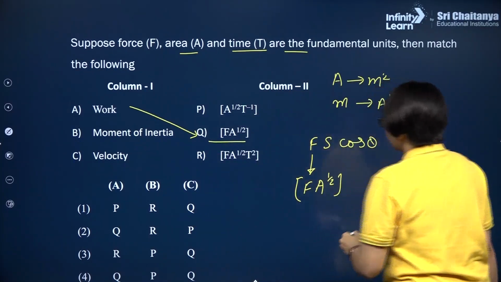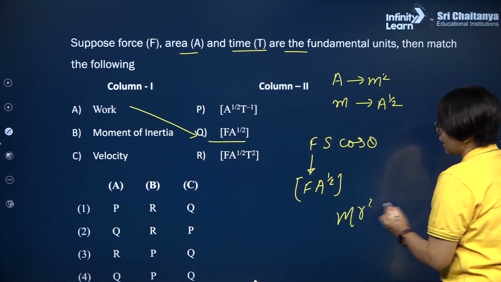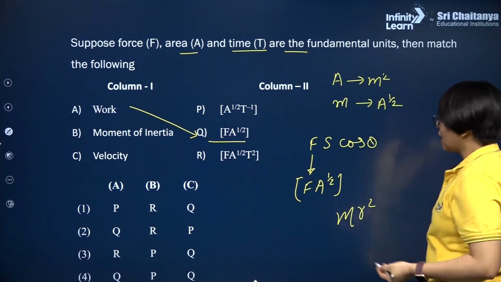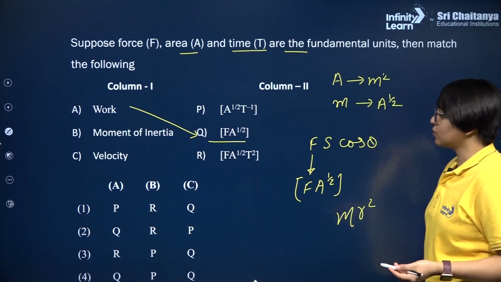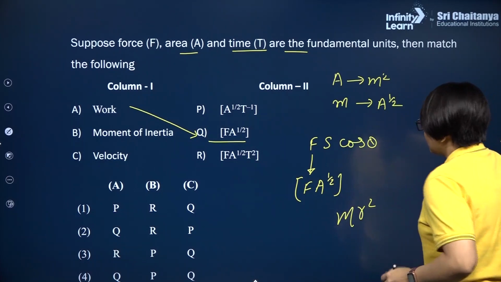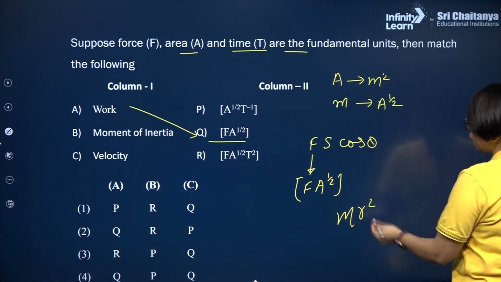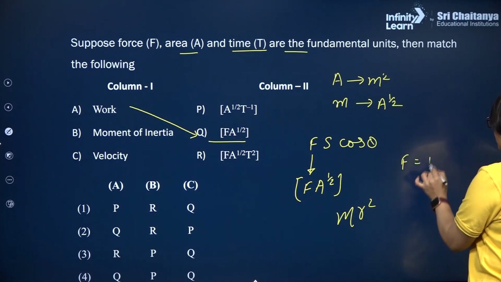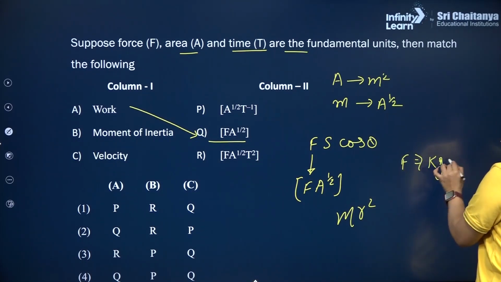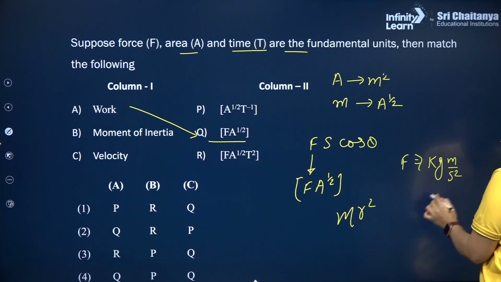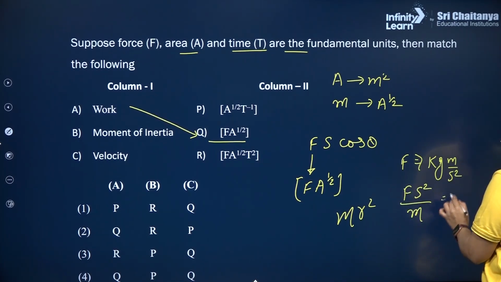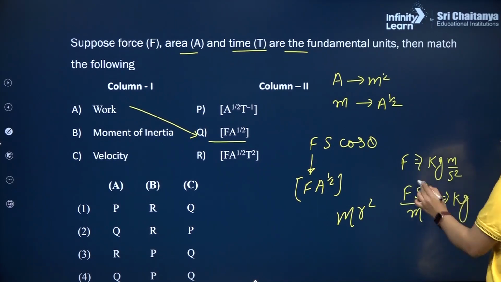Moment of inertia is mr square. M is mass. R square is your meter square, so it will be having area. So if you look at the unit of force, it is kilogram meter per second square, right? So F second square upon meter will give you kilogram.